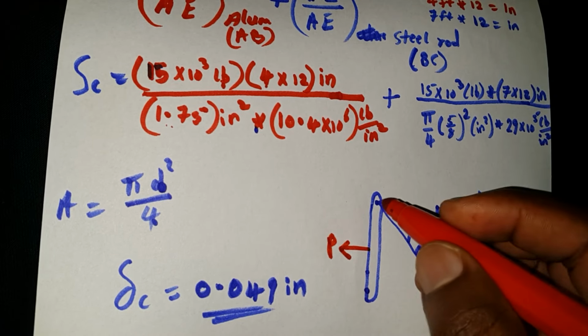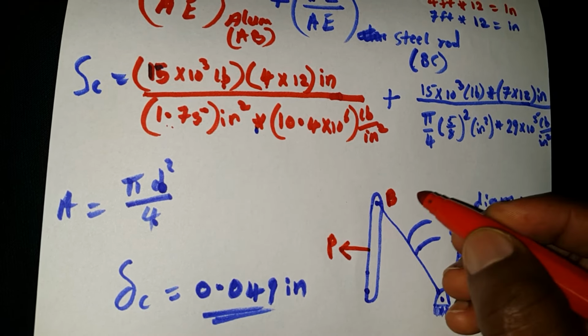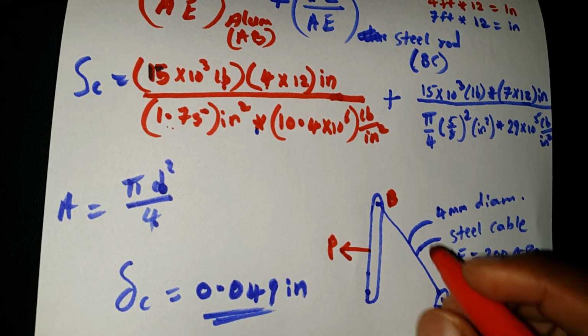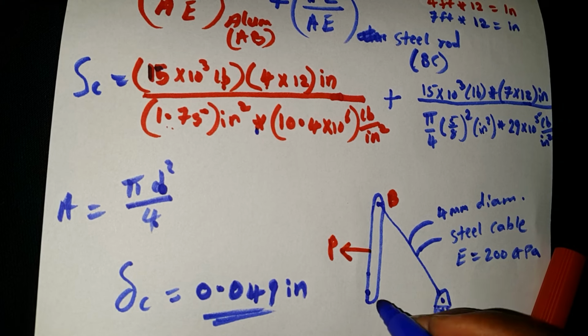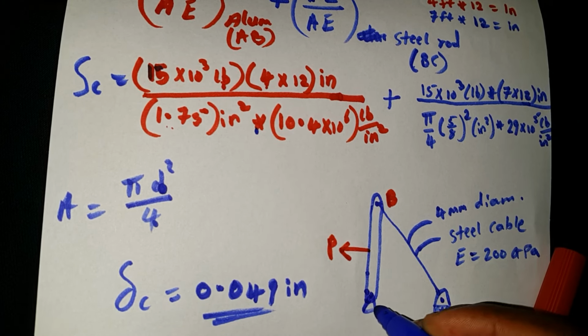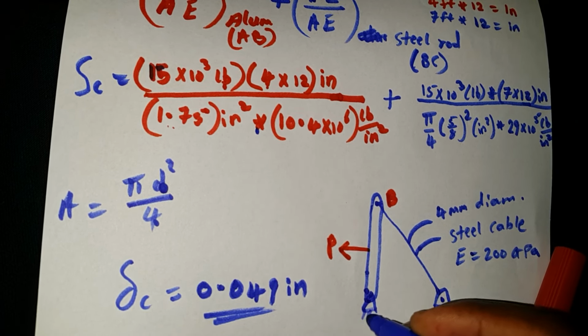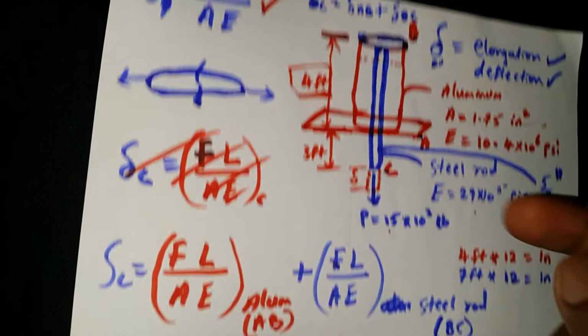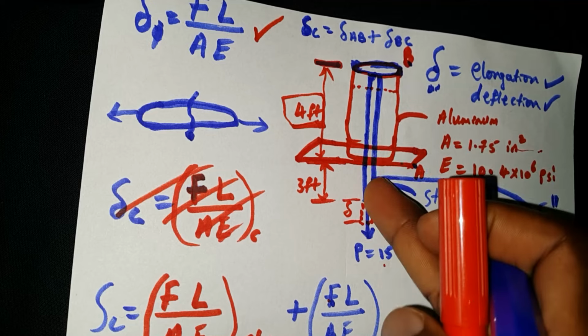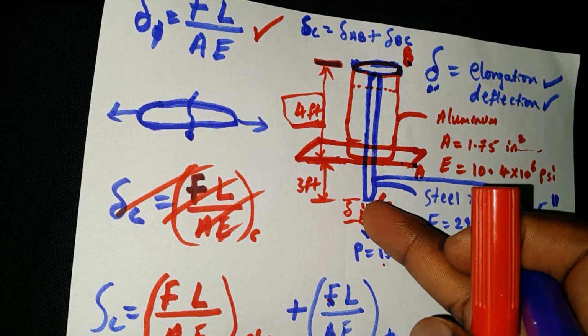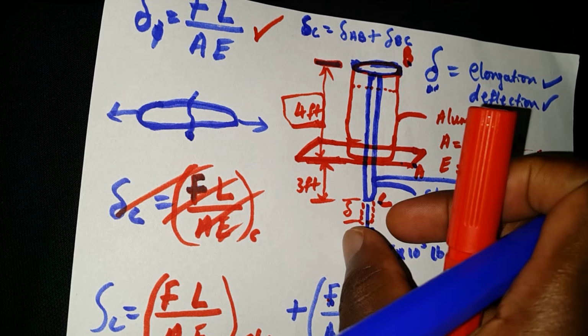It's tricky though. We've not solved this type of question where the force is applied not on the member that we are looking for. In the other ones we solved, the force is applied here, and we are looking for the elongation somewhere here.